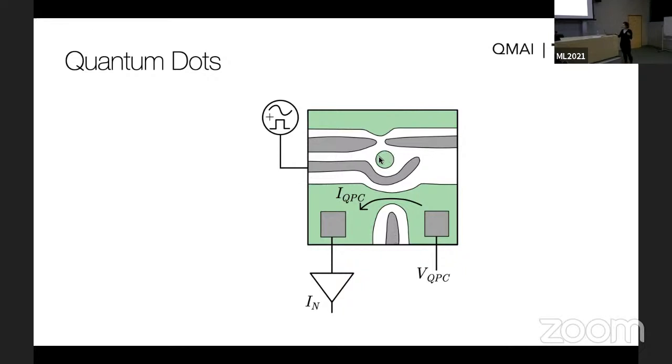If there is an electron sitting here, you can register it with the extra electrode just because the current going through here will be different if there is an electron sitting here or not.